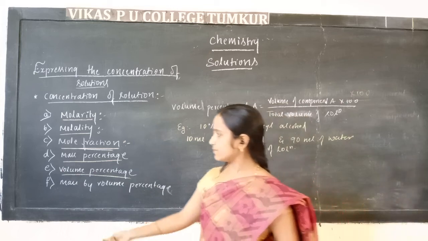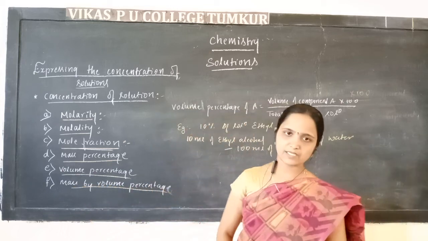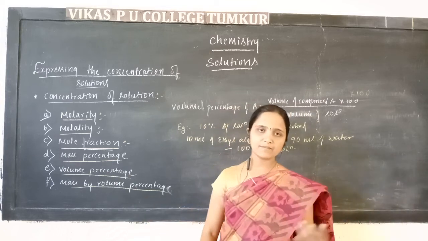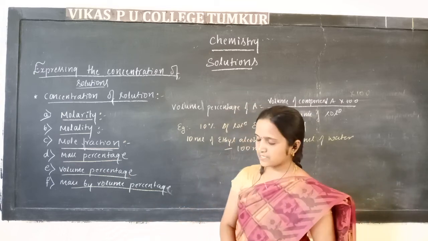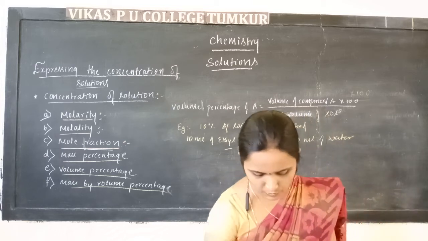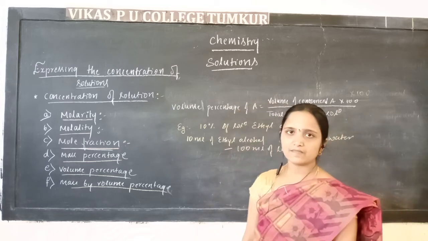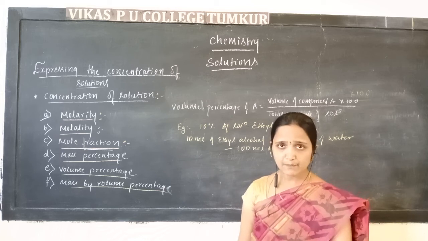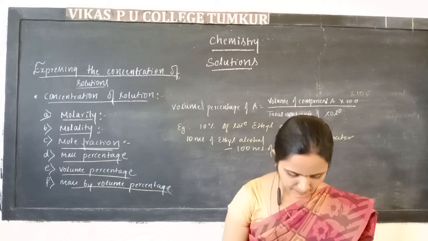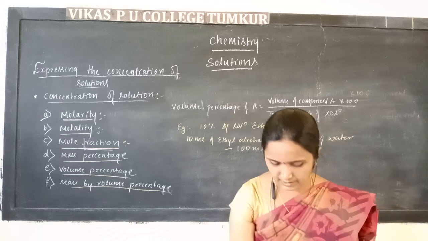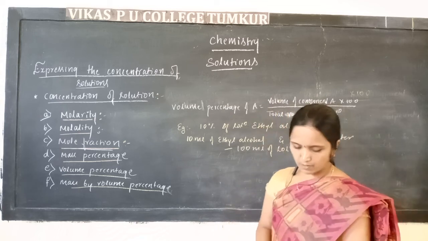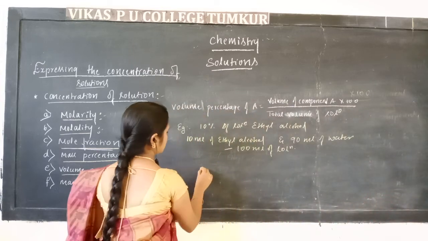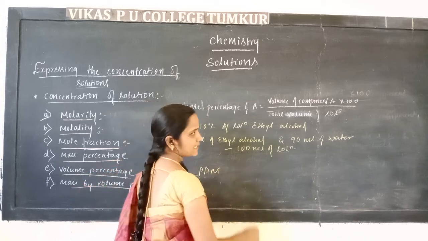Next we are going to discuss the mass by volume percentage. This we can define as when a solute is present in trace quantities in a solution, it is commonly expressed by using ppm, parts per million.